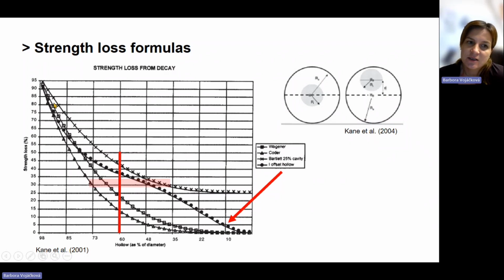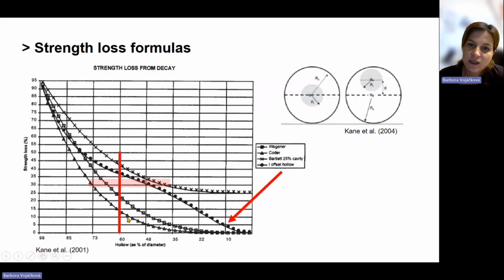Here you can see the line with the dots, which is the computation with Kane. He was thinking, yes, these guys are working only with concentric decay, but what is happening when the decay is not concentric? This is just one example, with the same diameter, where 60% of the stem diameter is cavity.